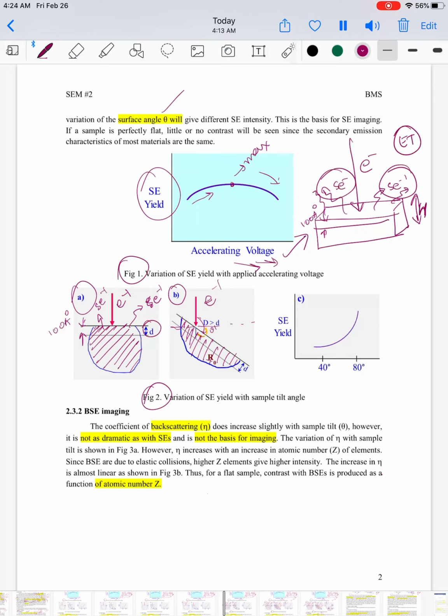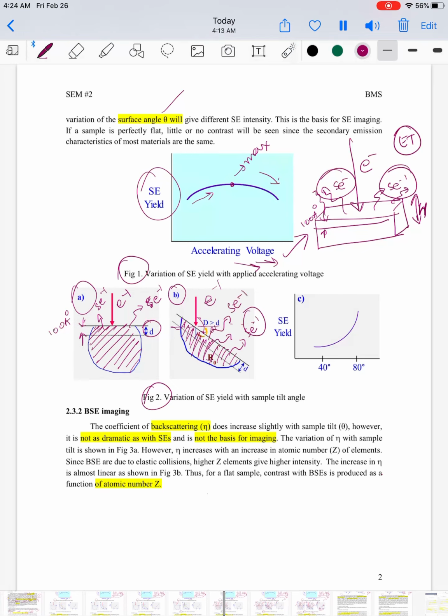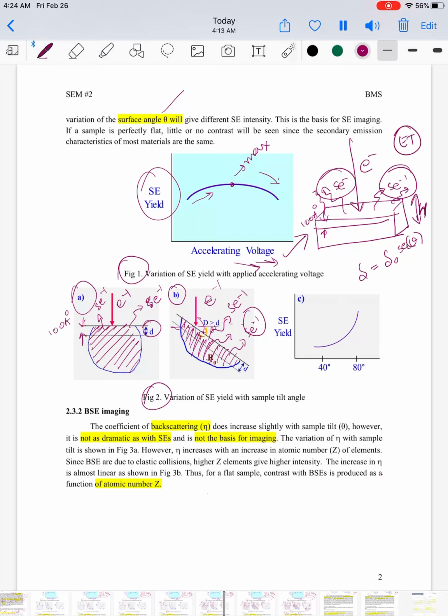Since the interaction volume comes near to the surface, there is more generation of secondary electrons for the same beam energy. That is the reason we have an increase in the secondary electron yield with an increase in the tilt angle. We see that it varies with the secant of the tilt angle.